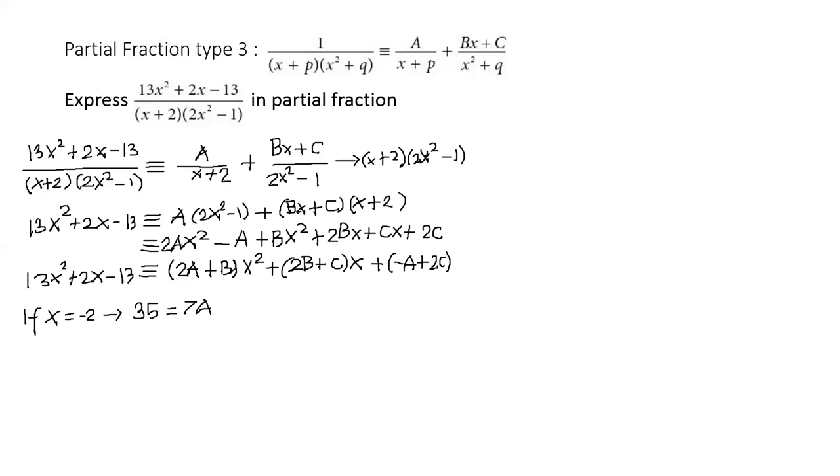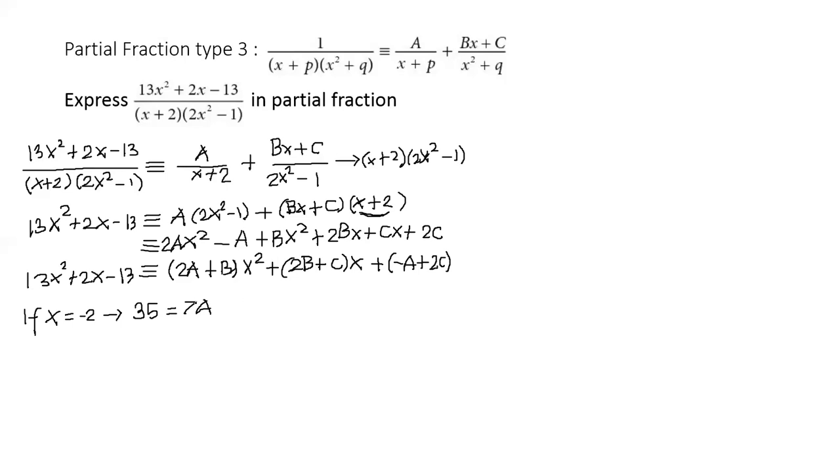The other term becomes 0, because negative 2 plus 2 equals 0, and 0 times (bx plus c) is 0.